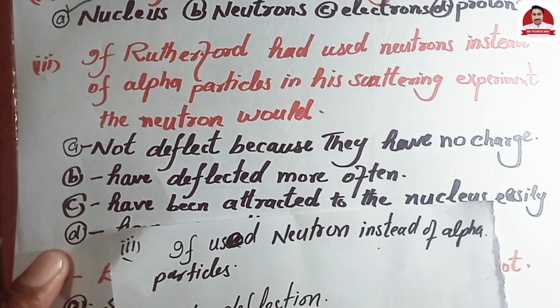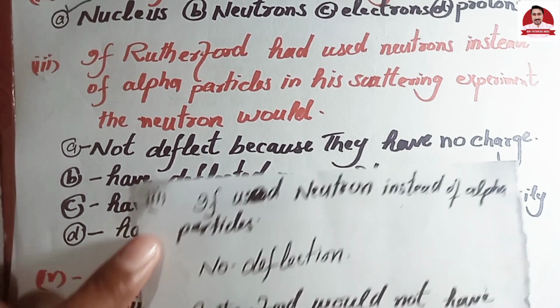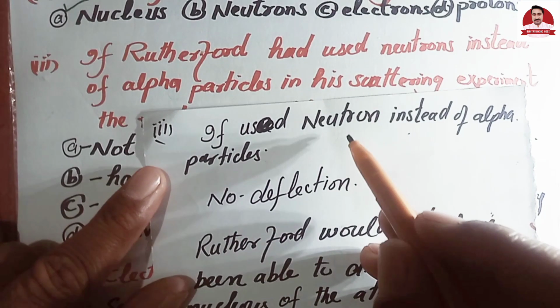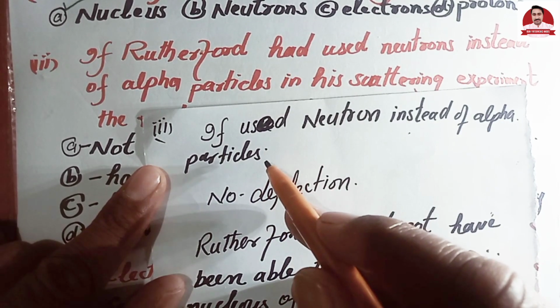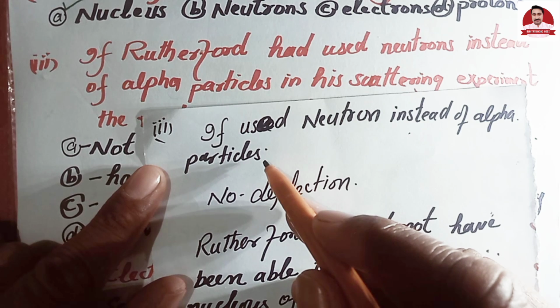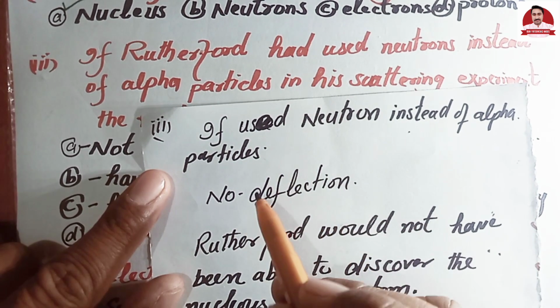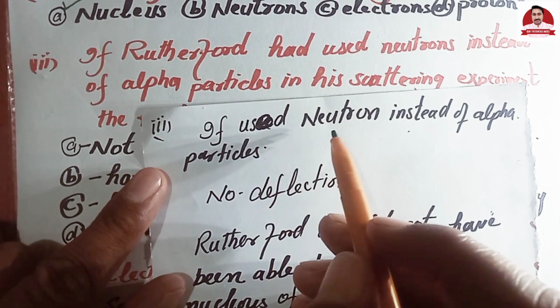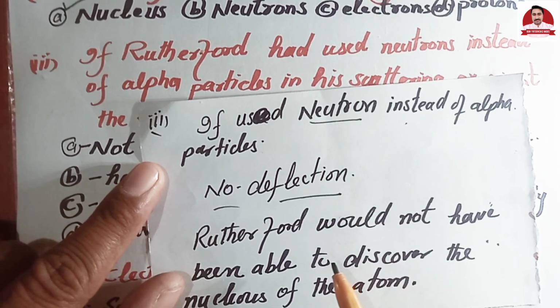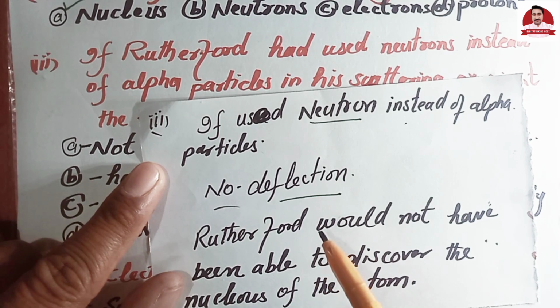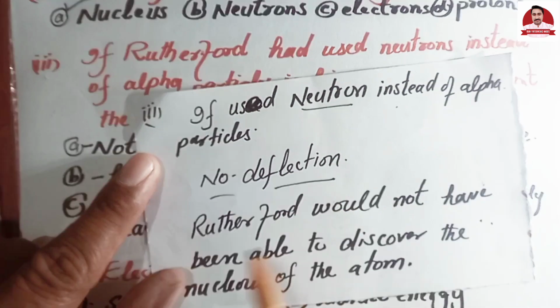Now, if Rutherford used neutrons instead of alpha particles, which he bombarded on gold foil, then there would be no deflection, because a neutron has no charge.